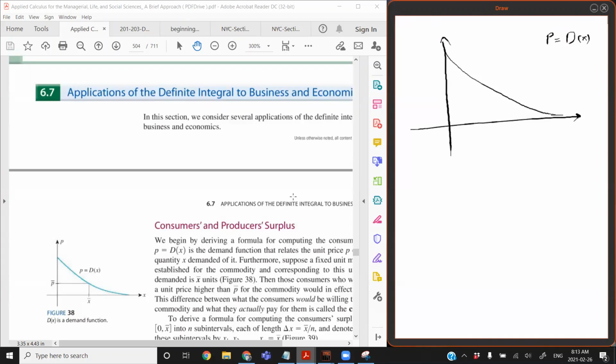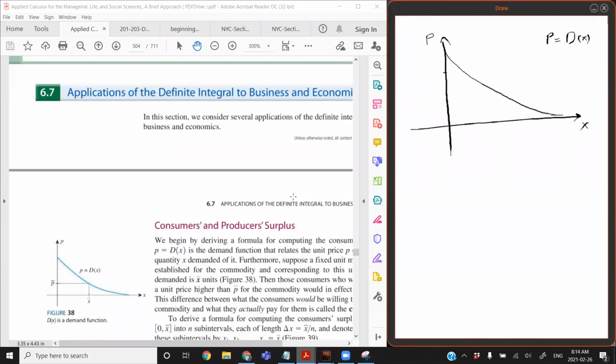What's the logic behind that? If you increase the price, the demand goes down. So higher prices, so this is price, and this is the demand. So X represents the number of items of a certain commodity that are demanded per day or per week or per month or per year, whatever the time frame is.